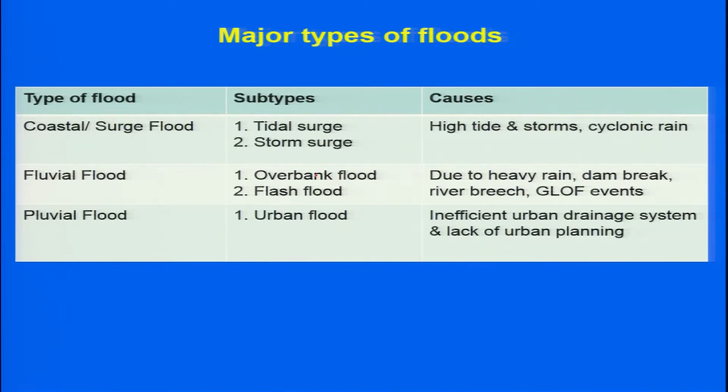Now when we come to urban settlements, as I was talking, the cities of Kerala or some villages as well as some towns of Kerala, we call these pluvial floods, and this is because of an insufficient urban drainage system.